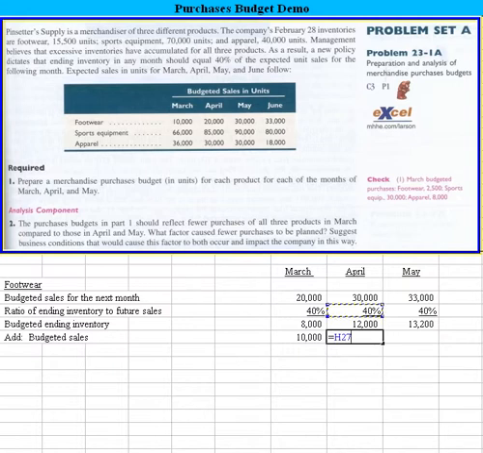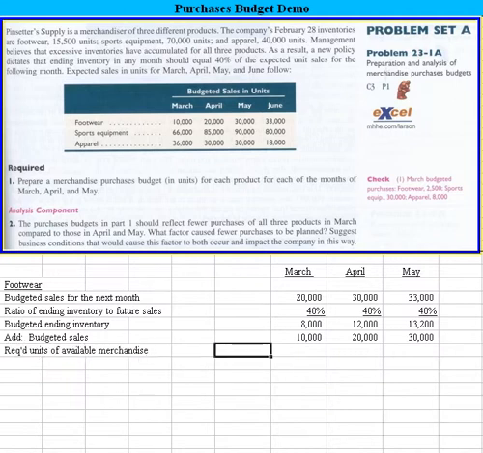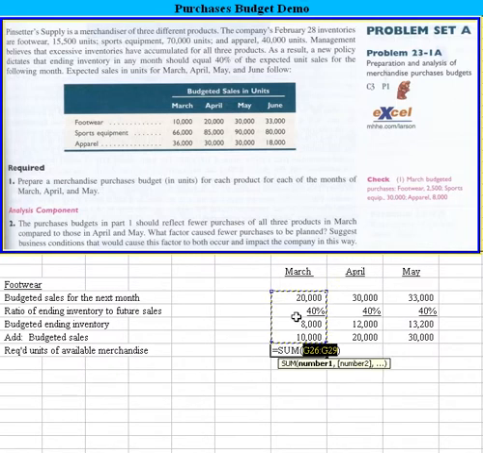Now, in this case, we can just pull from the cell before, right? 10, 20, and 30. So that will get us the required units of available merchandise. Right? So if we add those two together, or just sum the last two.